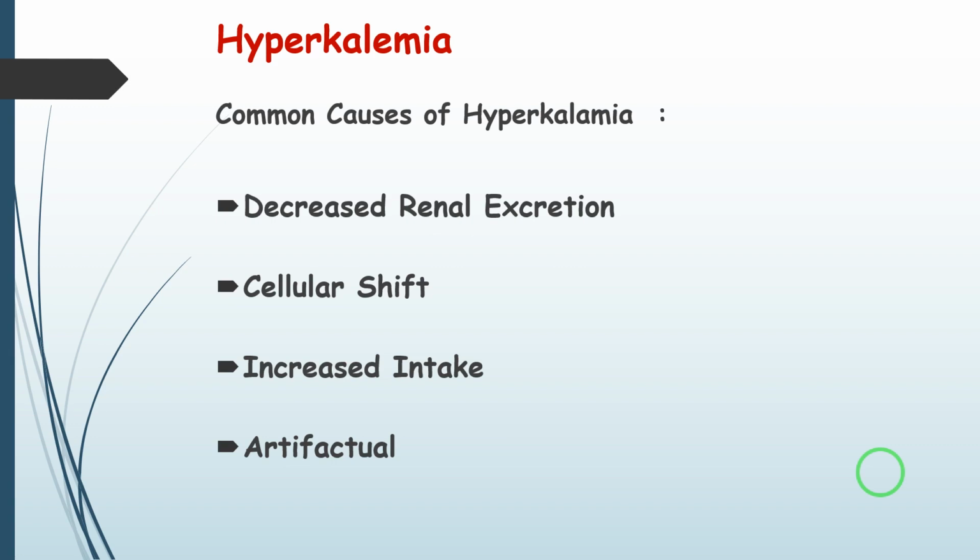So, any cause of decreased renal excretion, for example, if we have renal failure, there will be retention of potassium inside the body, and would lead to hyperkalemia, whether acute or chronic renal failure.